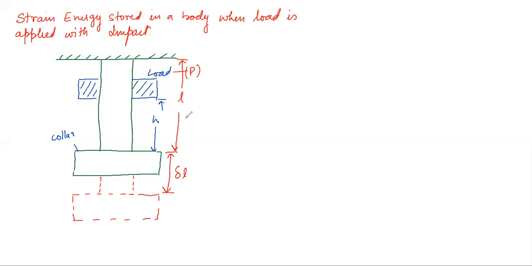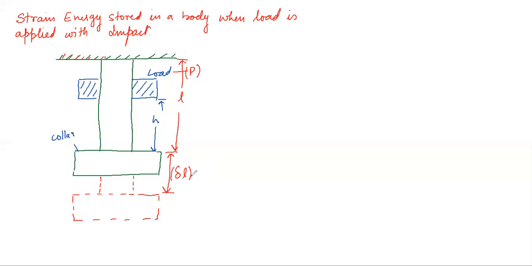So consider a vertical rod fixed at the upper end and having a collar at the lower end as shown in the figure, right? Let the load be dropped from a height on the collar. Due to this impact load, there will be some extension in the rod, and that extension is given as delta L, right?